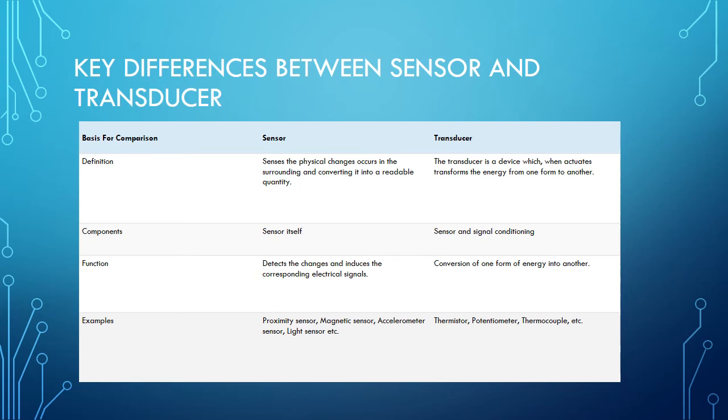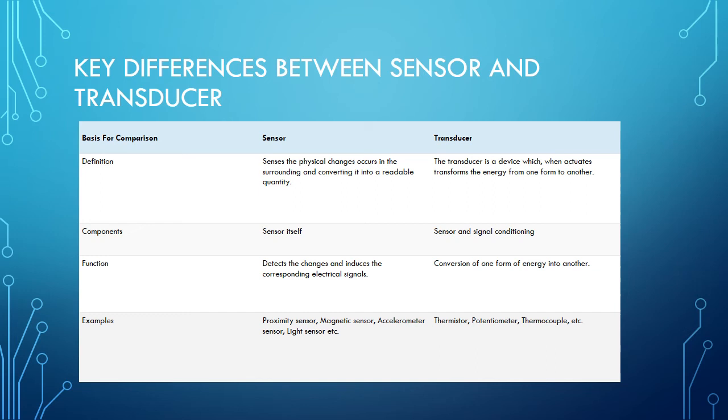Second, the sensor itself is the major component of the sensor, whereas the sensor and the signal conditioning are the major elements of the transducer. The primary function of the sensor is to sense the physical change, whereas the transducer converts the physical quantities into an electrical signal.